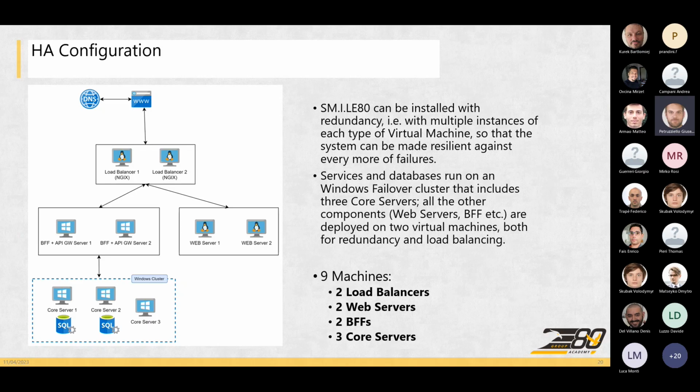It's composed of 9 machines: 3 core servers that are linked together by the Windows cluster feature of Microsoft, 2 machines for load balancer, 2 machines for BFF, and 2 machines for web servers.